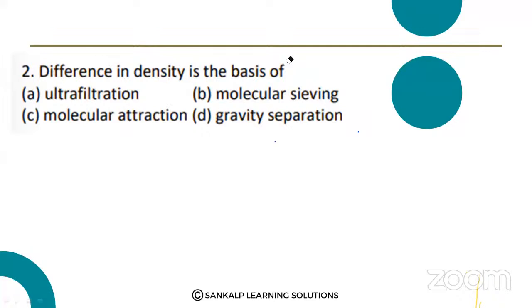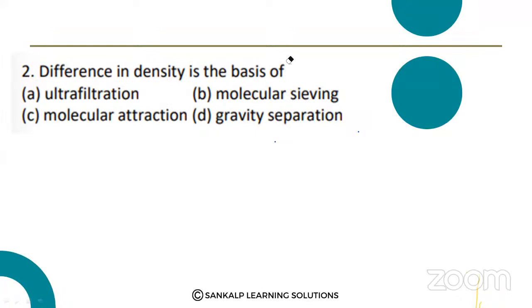Ultrafiltration is nothing but a process of passing a liquid through small holes in order to remove some solids. So you're continuously passing a liquid under pressure into very small holes to remove the solids. Molecular sieving is nothing but sieves of particular uniform size, with pores through which your solid enters.